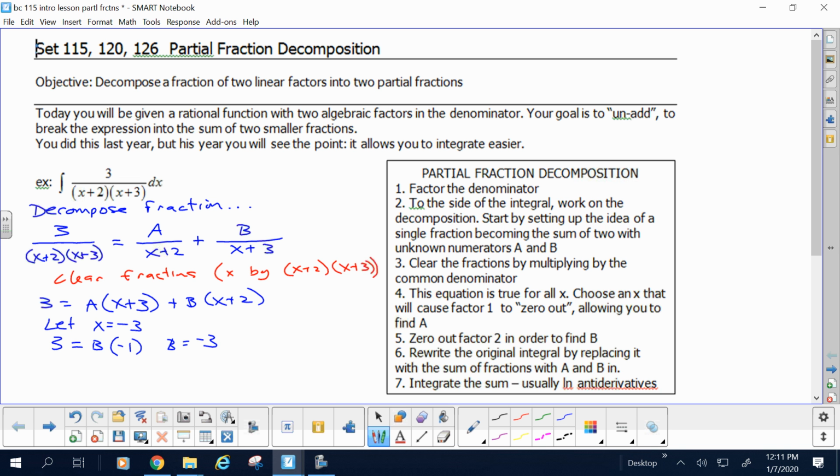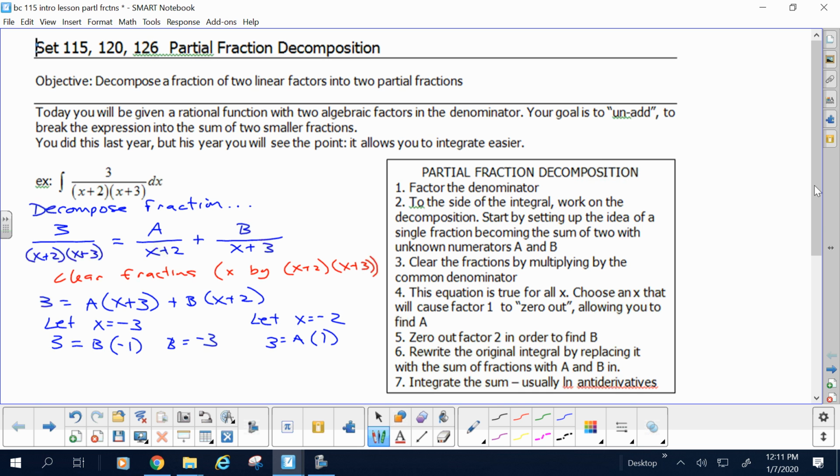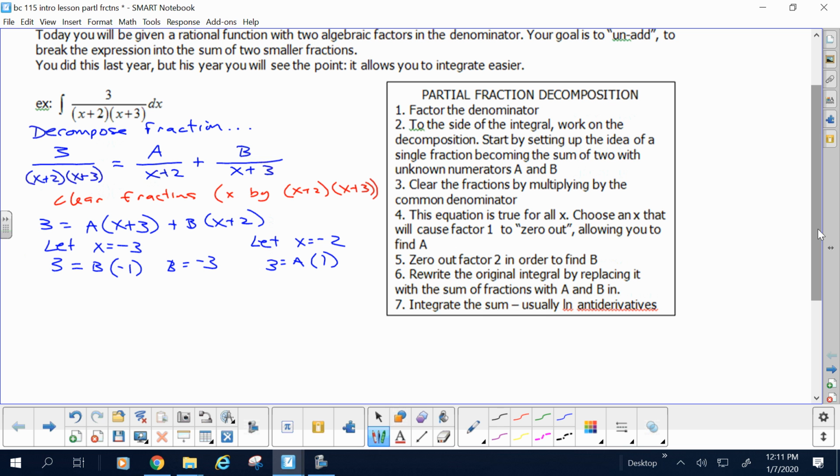Now again, this equation is true for all x's. So what's another x that would be great to choose? -2. Yeah, if you let x equal -2, then 3 equals A times 1, which implies A is 3. And so we have decided that, again, I'm showing like I usually do the first time through, a little more work.